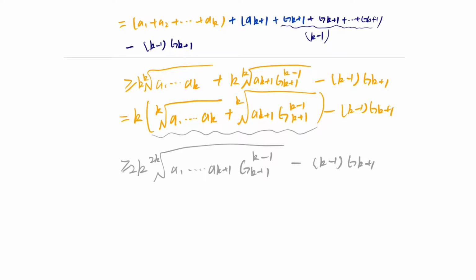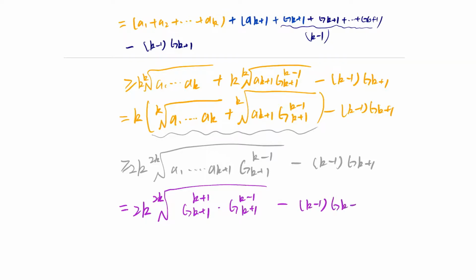And this expression is actually equal to 2k times the 2kth root of g_{k+1}^{k+1} times g_{k+1}^{k-1}, minus k minus 1 times g_{k+1}.